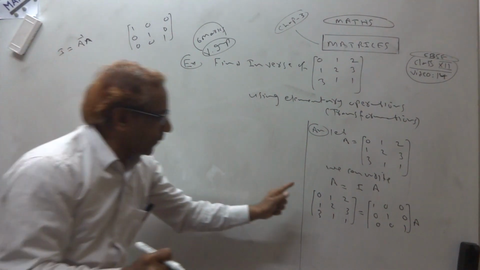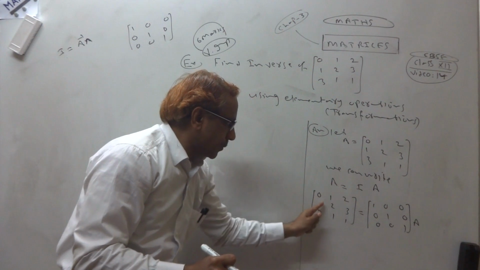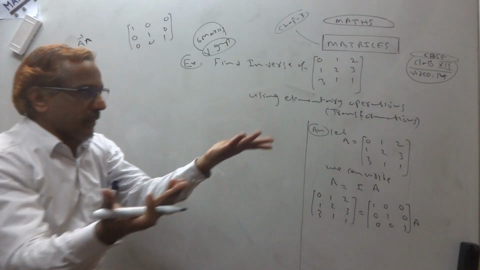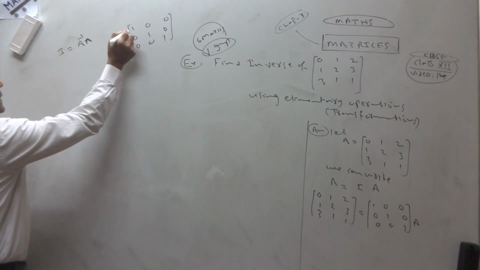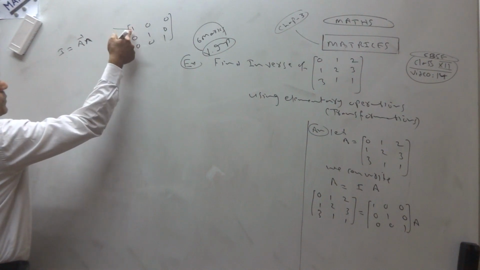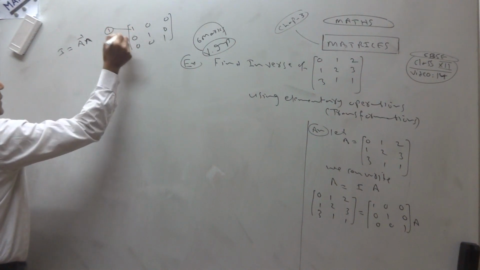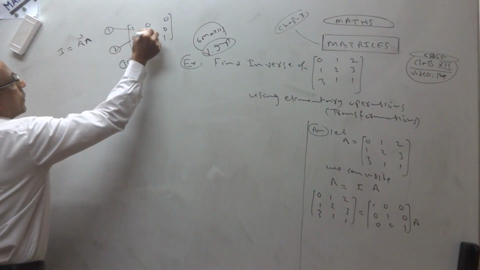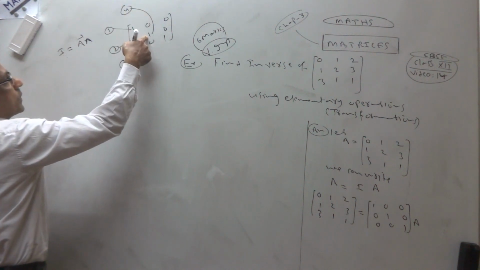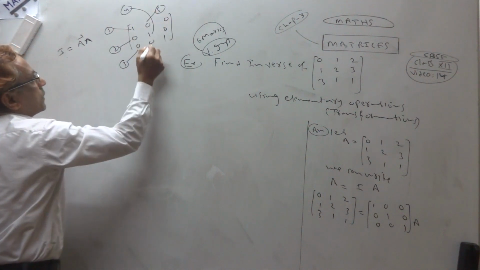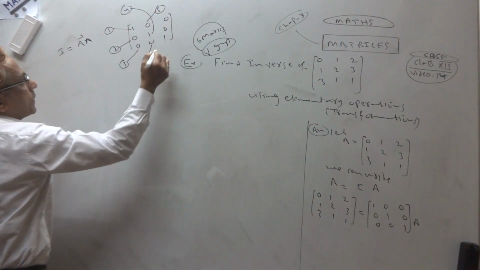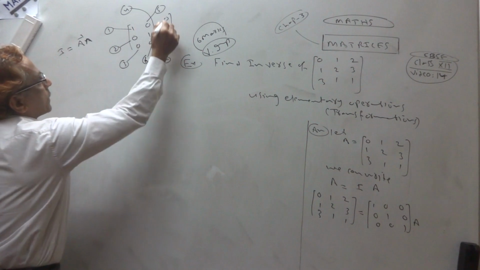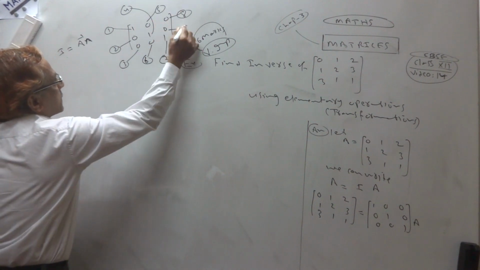Now I have to make this 1, 0, 0, 0, 1, 0, 0, 0, 1. How to make it? Please see. First step, you should get 1 here. This is the second step, this is the third step, fourth step, fifth step, sixth, seventh, eighth, ninth.